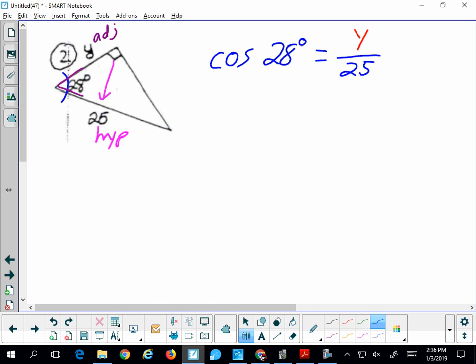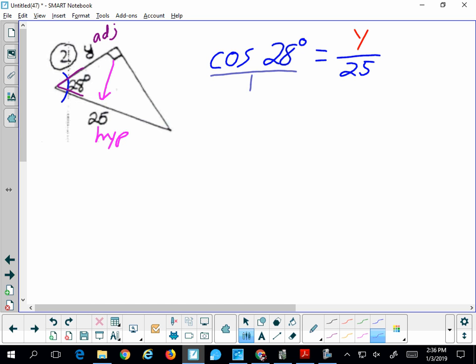Now with this problem, we've gone over a couple different ways to work these. I think the way that made the most sense to a lot of people was recognizing this as a proportion.